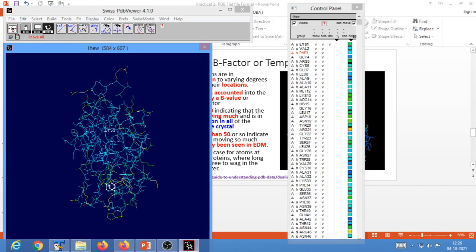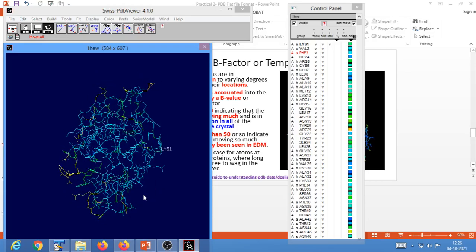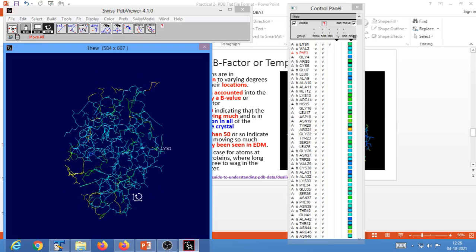Okay, so now when you color your protein molecule by B factor, it would color it as per the visible spectrum. That is, the atoms having the lowest B factor would be colored in the shade of blue, while the atoms having the highest B factors would be colored in the shade of red.